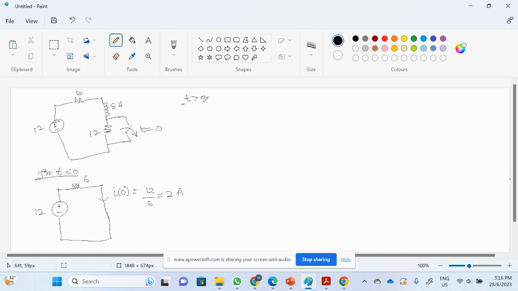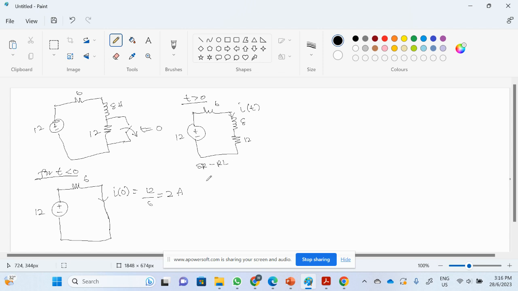And then for t more than 0, redraw the circuit. You have 6. You have the inductor. And over here it has opened, so the 12 ohm is now here. And you want to find I(t) here. So from here, you can tell that this circuit is a step response circuit because there is a source and then RL.